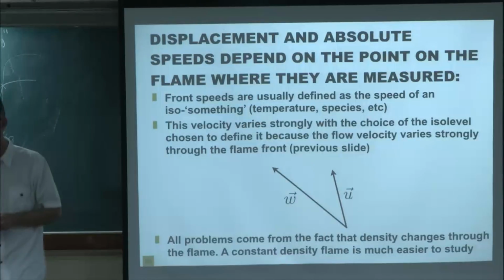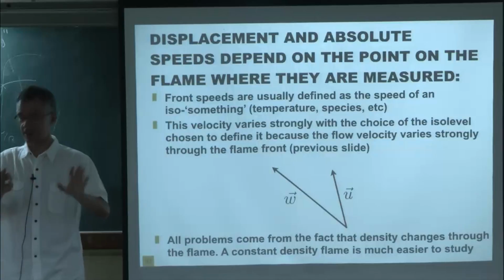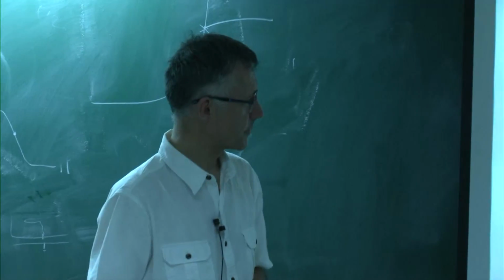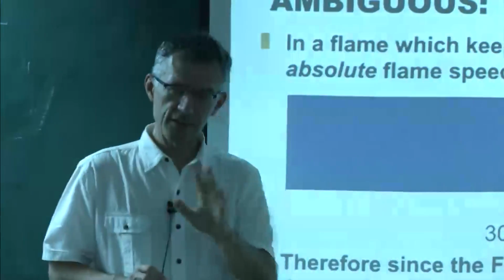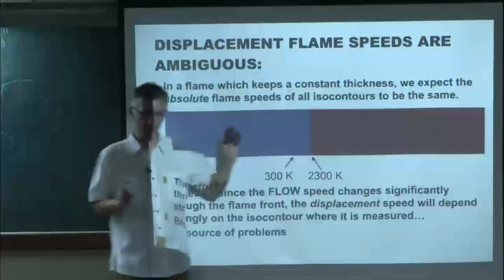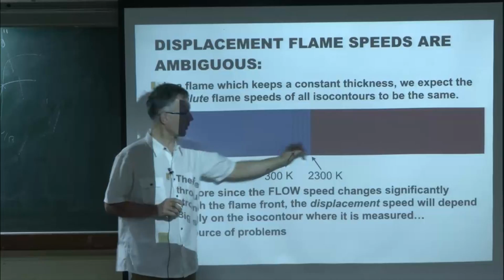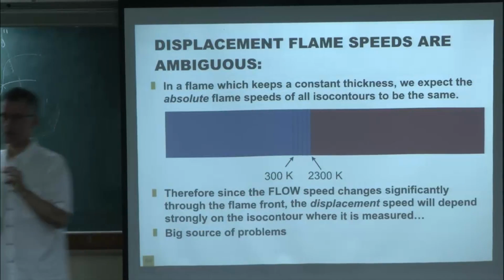And that's a problem which really comes from the fact that you have heat release. If it were constant density, there would not be a problem. So let me give you an example. Well, a few examples, actually. The first thing is, and this is where things get tricky, follow me slowly. The absolute speed in a flame, like this one, must be the same for all the values of temperature.